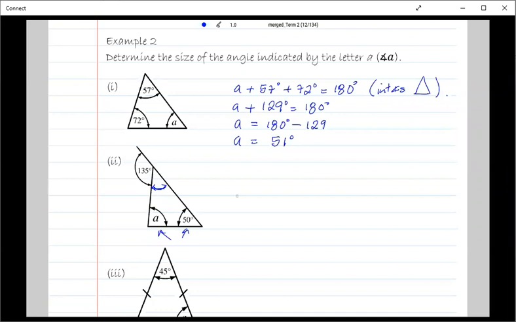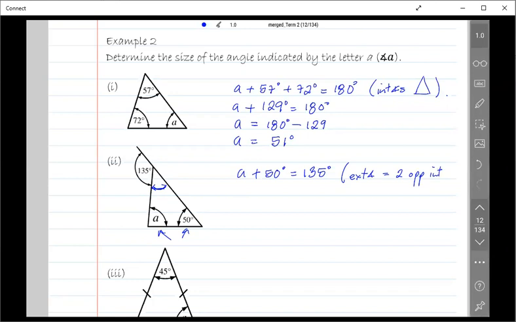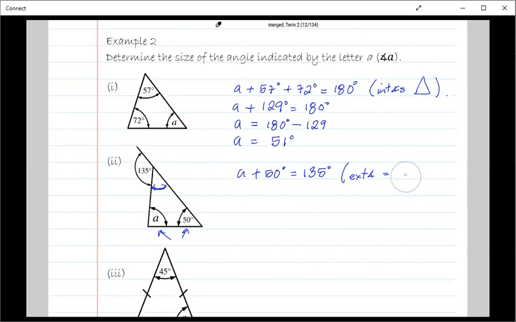Now, A plus 50 would be equal to 135 degrees because the exterior angle is equal to the sum of the two opposite interior angles.